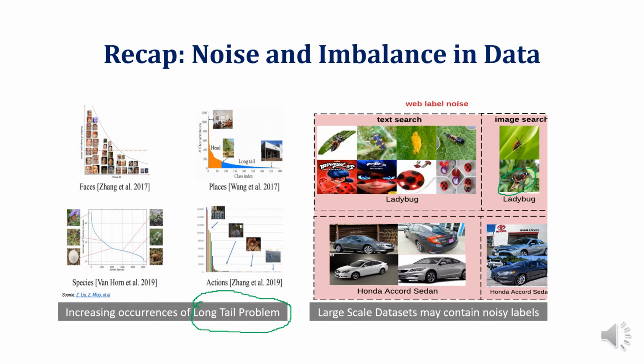Image search might be deceptive in giving you somewhat less noisy responses, but mind you, you're looking for a ladybug image through an image search, but you probably also have got a honeybee here, and you ask for a Honda Accord, but you've also got a BMW. So this is noise of a different sort, based on the process you have employed to get your labeled data set.